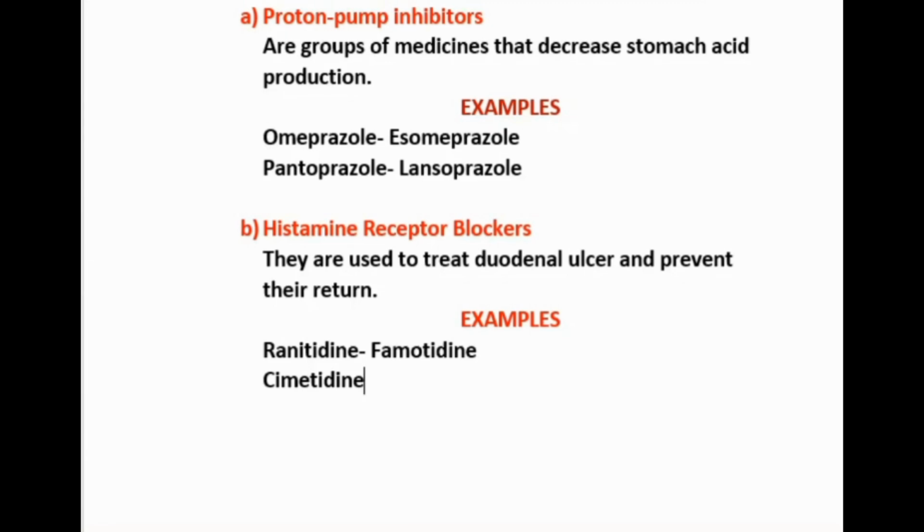The fourth is roxatidine. So histamine receptor blockers are drugs that are used to treat duodenal ulcer and prevent the return. Examples include ranitidine, famotidine, cimetidine, and roxatidine.